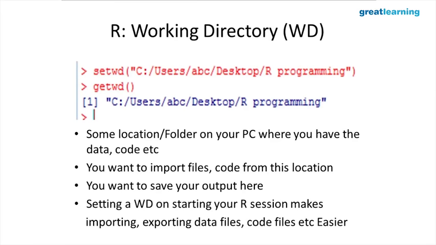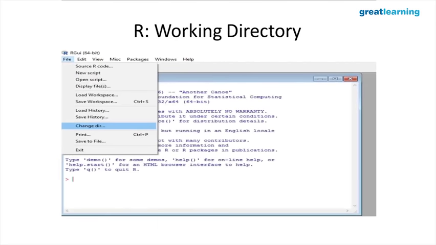If you are finding it difficult setting it by this small line of code, no problem. And if you forgot the set or get wd commands, you can do it through the console also. On the top left corner, you have a file option. Click that file option.